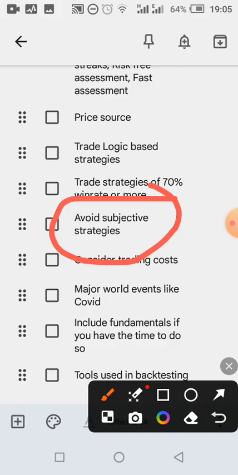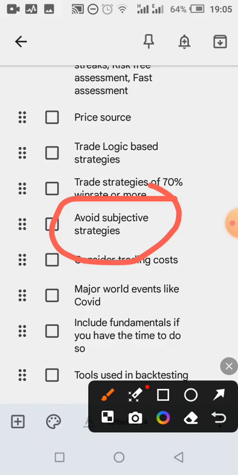Other examples of very subjective strategies are the head and shoulders pattern retail strategy. A lot of people will be pointing at different examples.